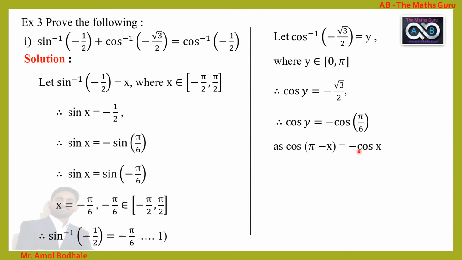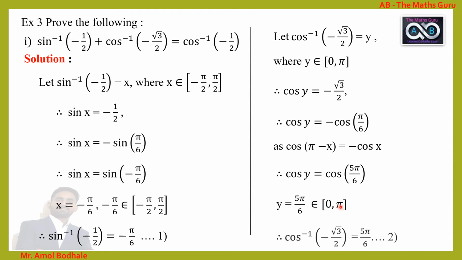So here minus cos x can be written as cos of pi minus x. Therefore cos y equal to minus cos of pi by 6 can be written as cos of pi minus pi by 6, that is cos of 5 pi by 6. So therefore y equal to 5 pi by 6, where 5 pi by 6 belongs to the range of cos inverse, which is the closed interval 0 comma pi. Therefore we get cos inverse of minus root 3 by 2, which is 5 pi by 6. So we get the value.